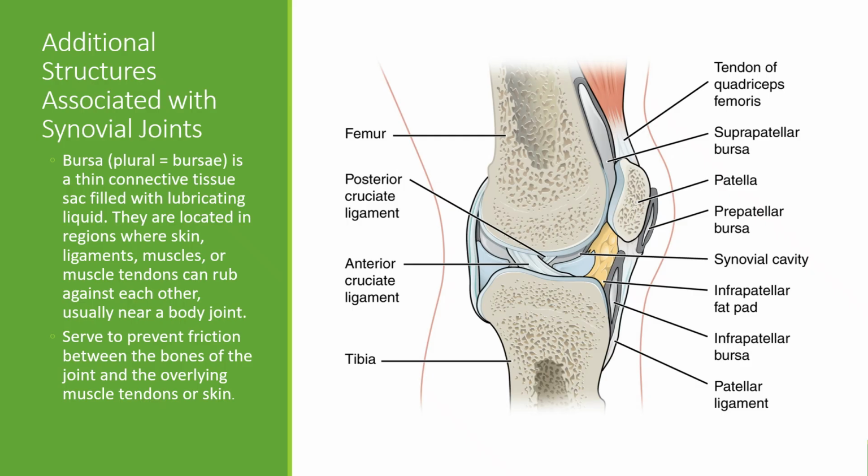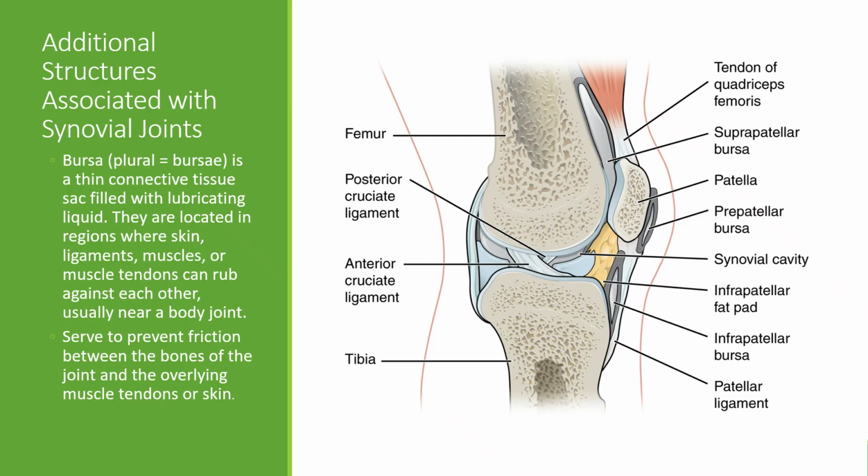Sadly, all of these bursa have different names. We don't have to know them, but if you decide to go into orthopedics, you certainly would need to know all of them. Just to give you an example, this is a knee that we're looking at. On the very front, you can see the patella on the right-hand side of the picture, and right on top of that there is a prepatellar bursa. Then you go down just a little bit more, and there's an infrapatellar bursa.